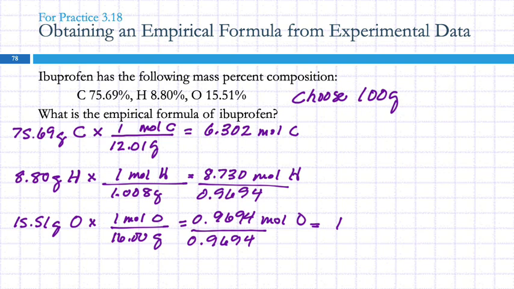Let's see, 8.73 divided by 0.9694. So this comes out to be 9.006.